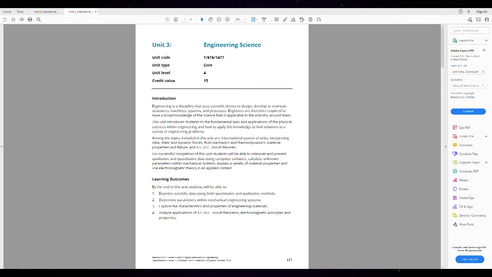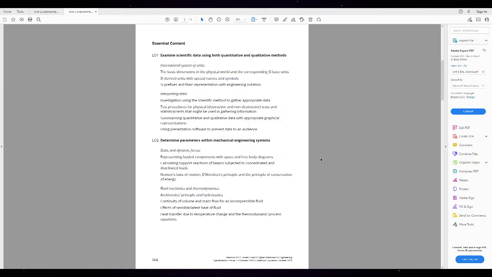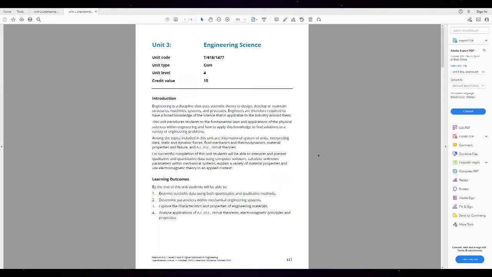Engineering science to follow up engineering maths. Four learning outcomes, and this is going to be split looking at how I've done it in a similar way, but we might end up with more than 2 assignments because of the criteria.